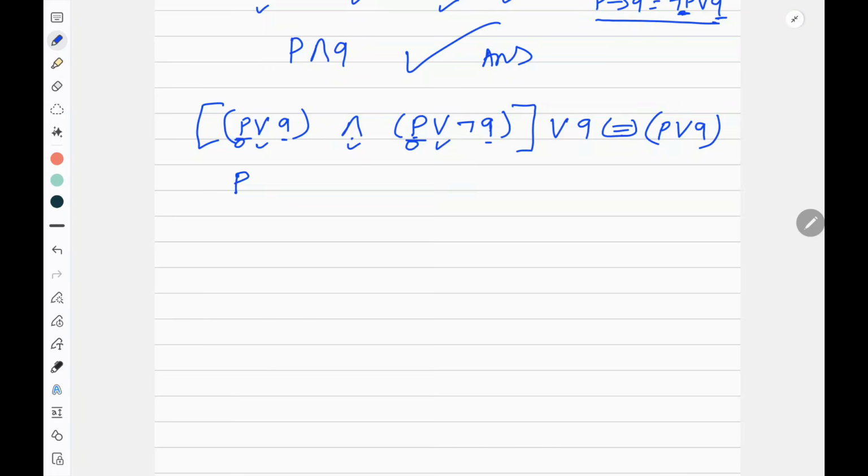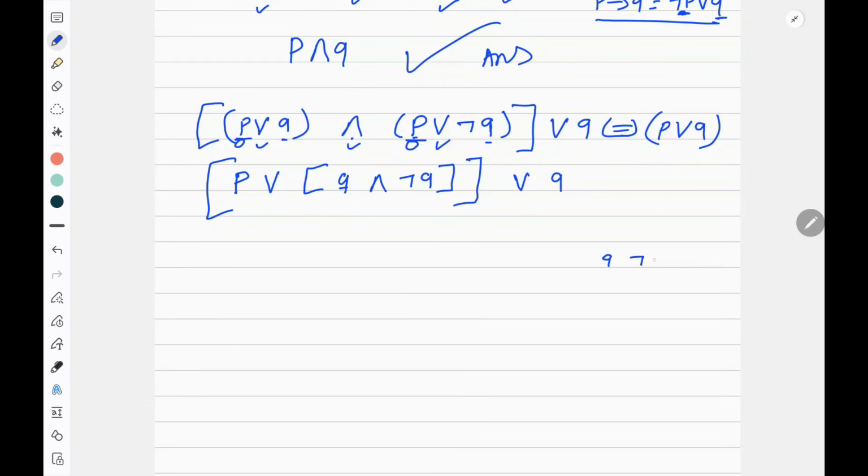So let me apply reverse of distributive law. So P comes out like it is like taking common. We should not say here taking common, but usually it's taking common, right? So this we will have Q and negation of Q. And we have or Q outside. Okay.